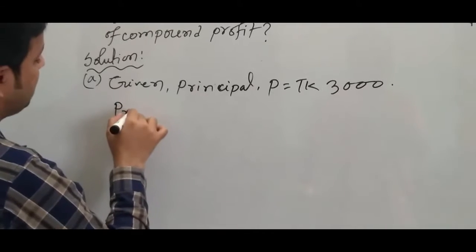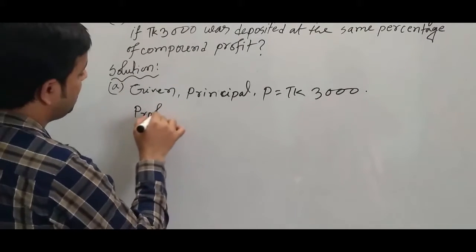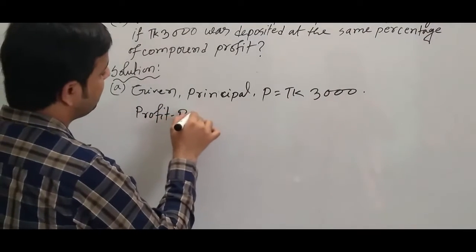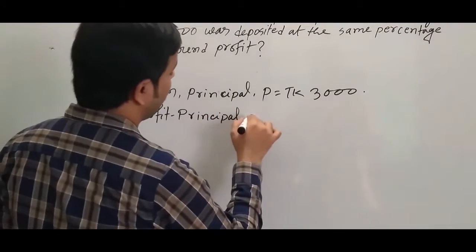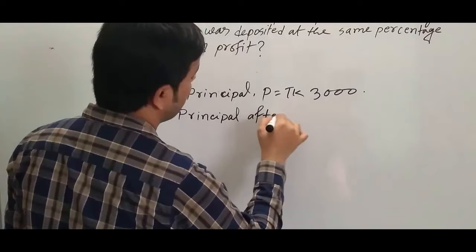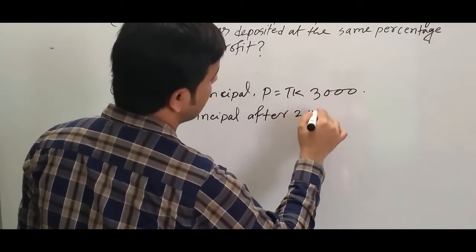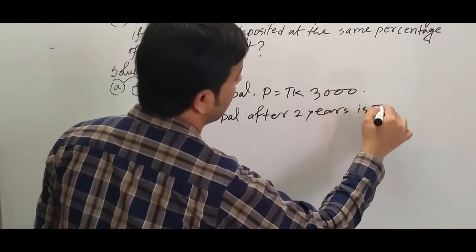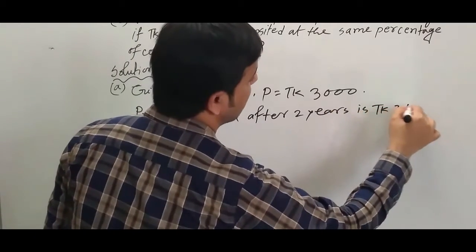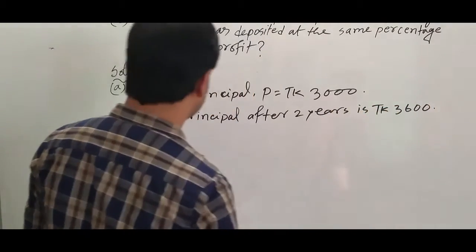Profit principal after 2 years is taka 3600.